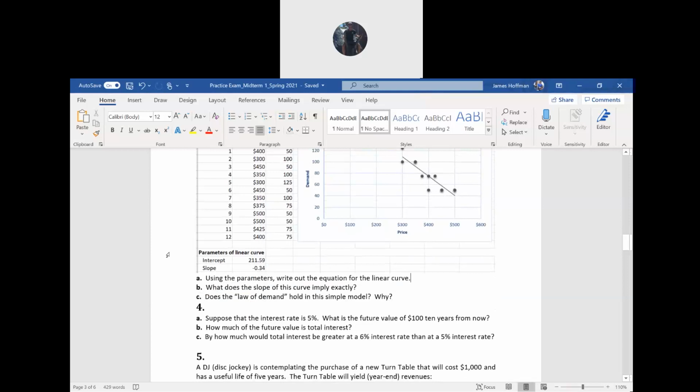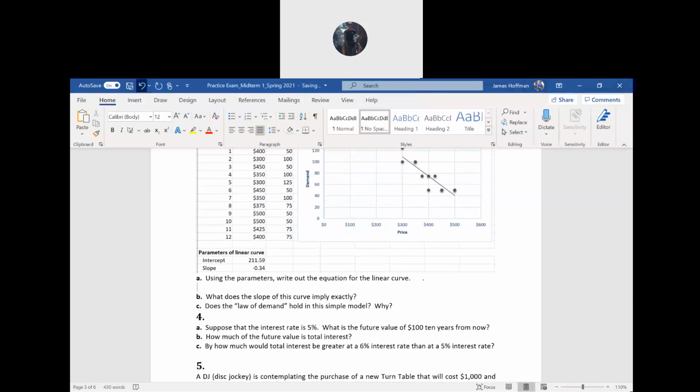Okay, so it's basically demand equals intercept plus slope times price, because that's the linear effect of price on demand.